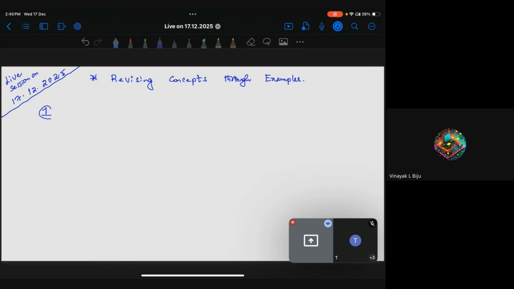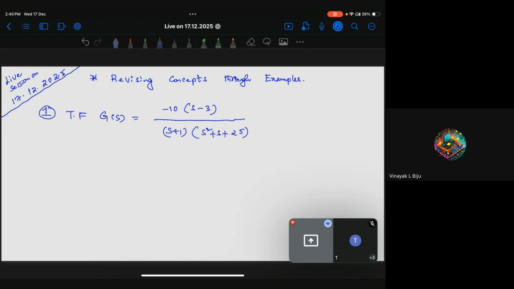First problem: we have a transfer function given to us, minus 10 s minus 3 divided by s plus 1 times s square plus s plus 25.